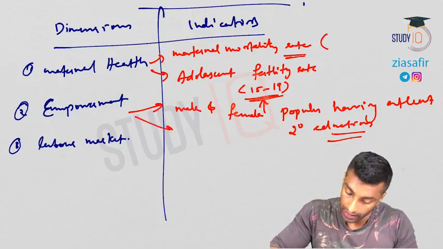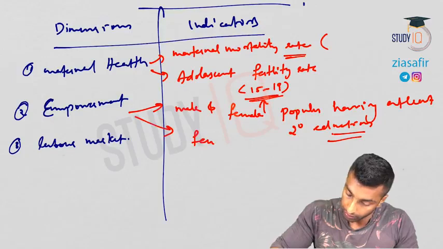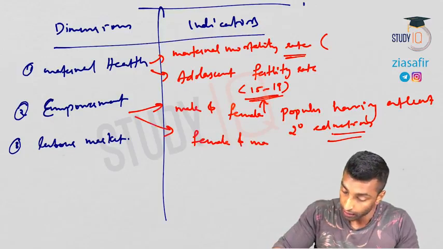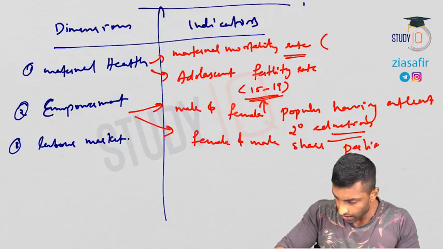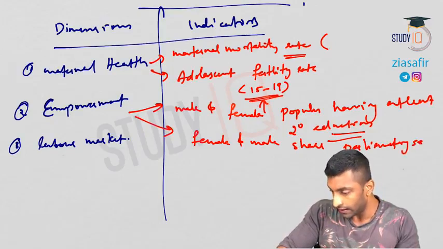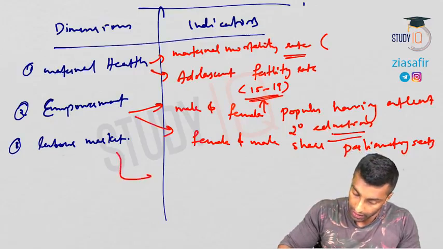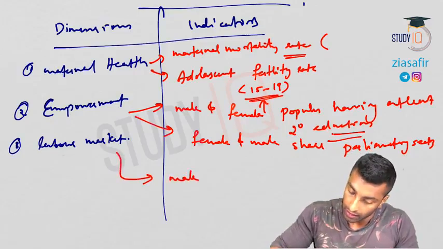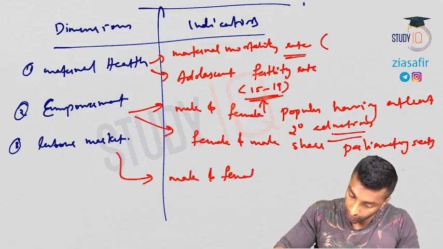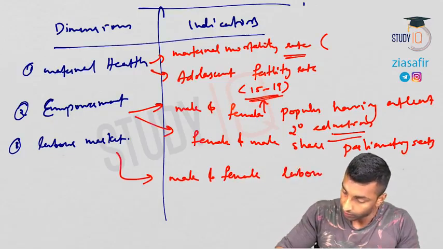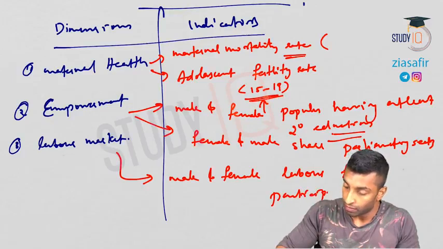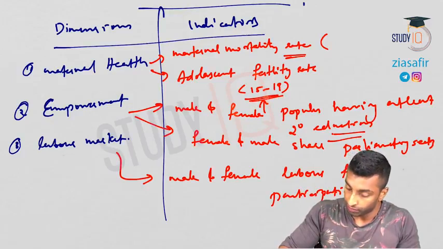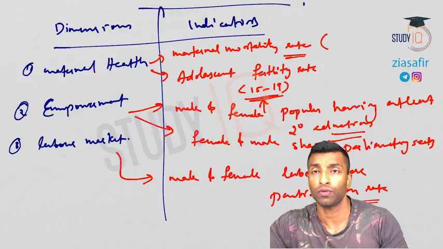Then the second indicator in that is female and male share in parliamentary seats. Then labor market, the indicator is male and female labor force participation rate. That means percentage of labor force.